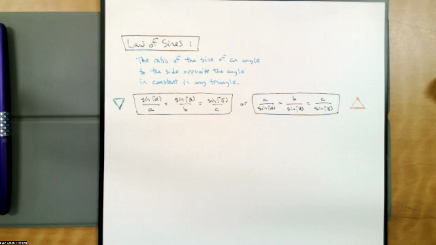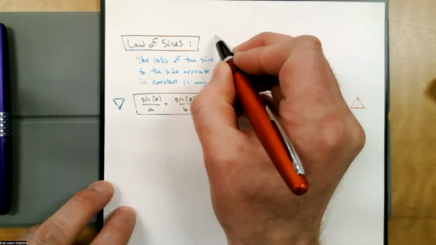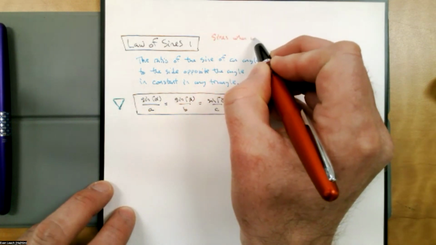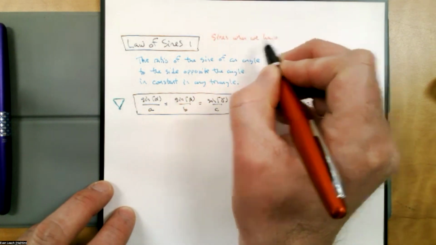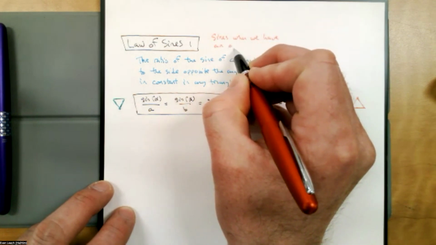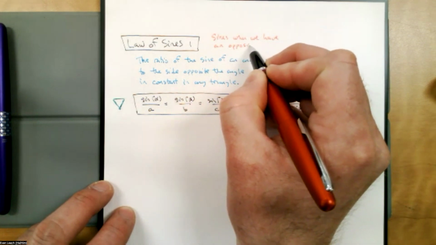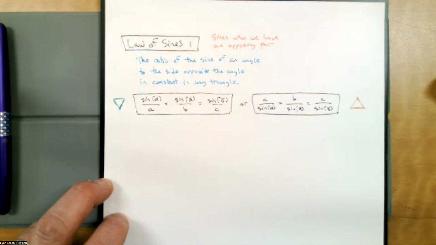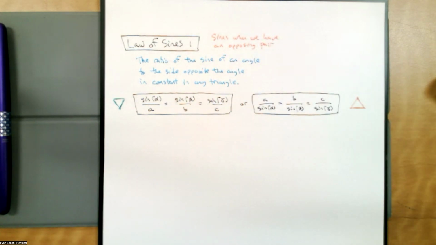So we use the law of sines when we have an opposing pair.